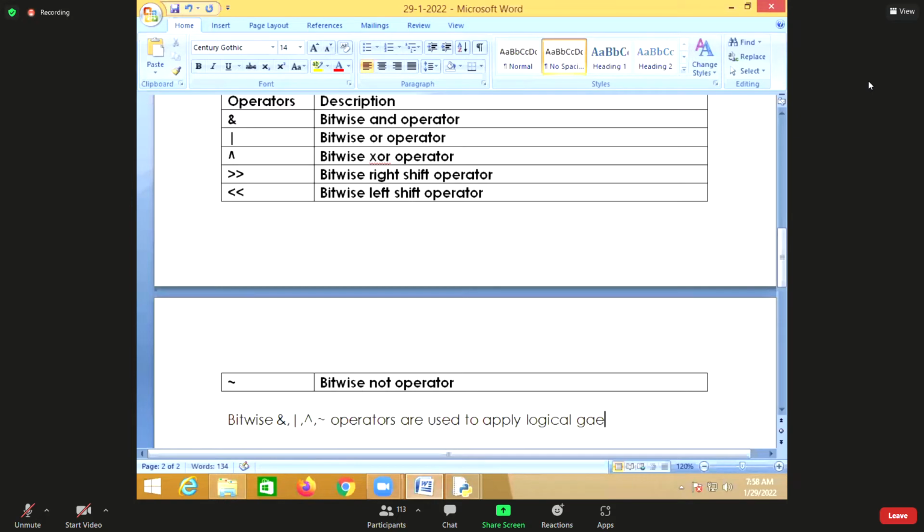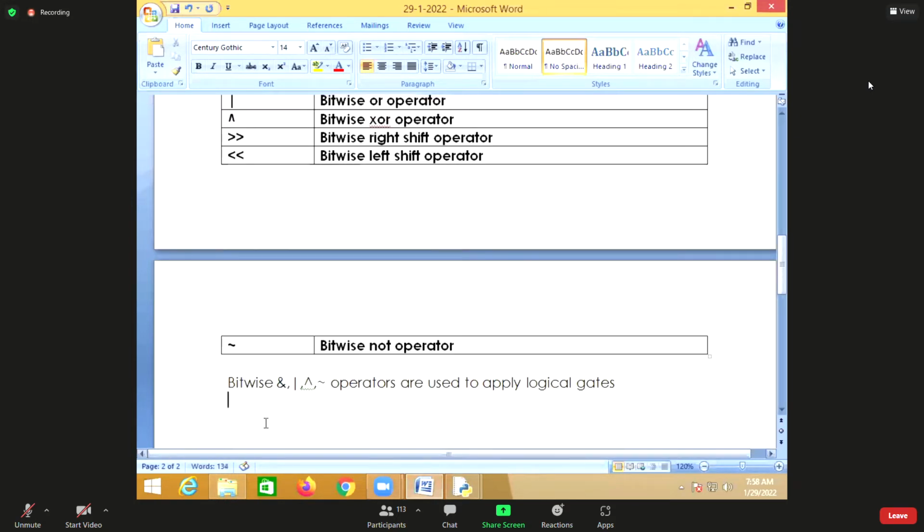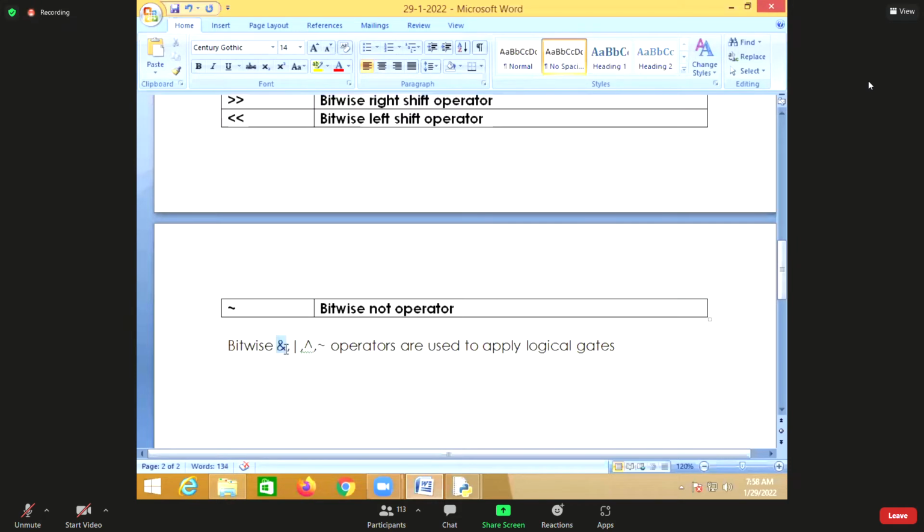Logical gates. So you can apply the logical gates: AND operator, OR operator, exclusive OR operator and NOT. Now this is for applying the AND gate. This is for applying the OR gate. This is for applying the exclusive OR gate. And this is for applying which one? NOT gate.